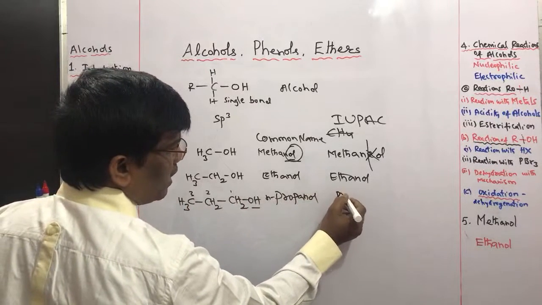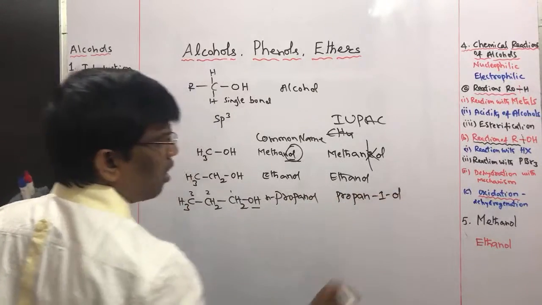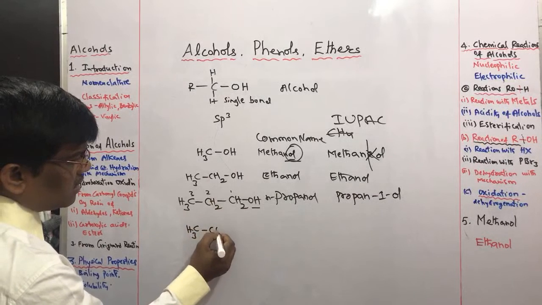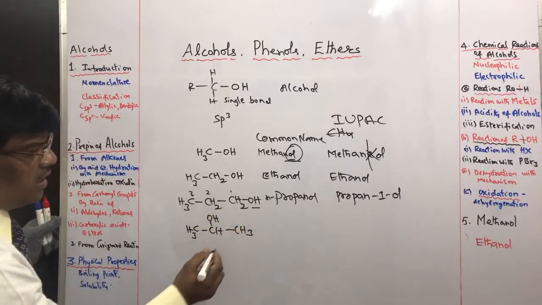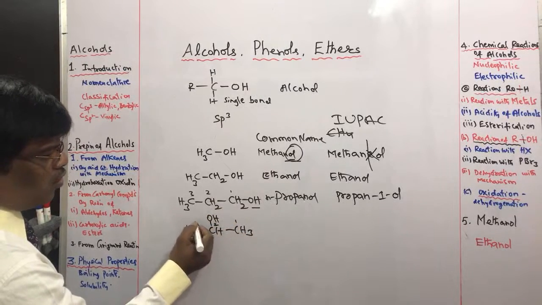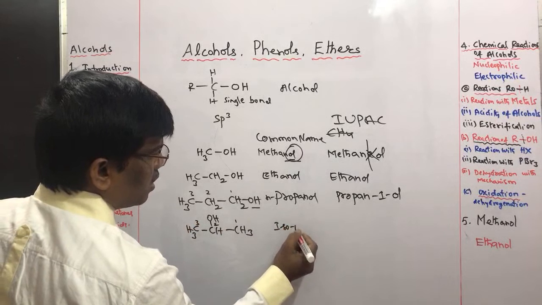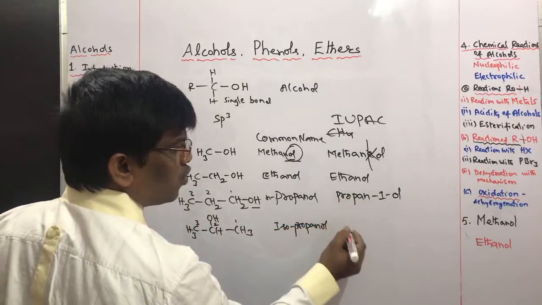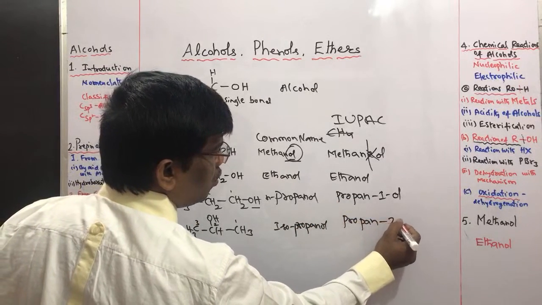So propan-1-ol. If it is CH3CHCH3 and the OH is attached here, then what is the nomenclature? It is isopropanol, common name IPA. When it comes to IUPAC nomenclature, propan-2-ol.